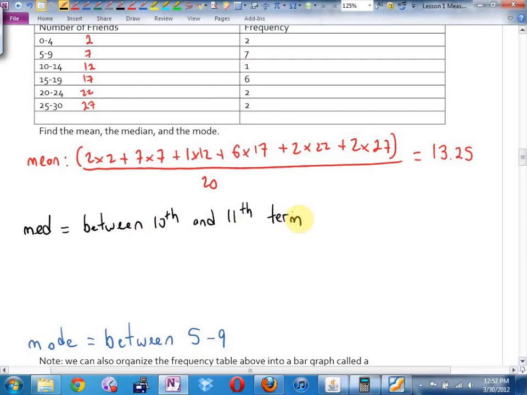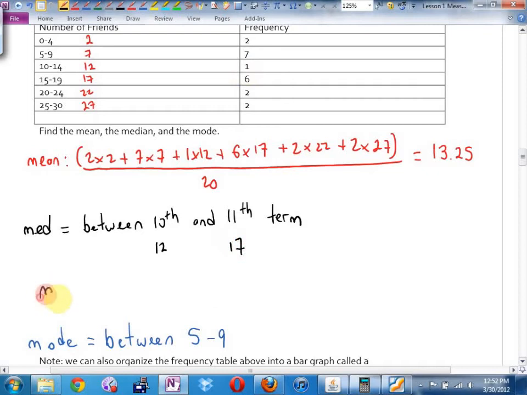Looking at this frequency chart, can you figure out what's sitting at the 10th term? Well, here's 2 things. And then there's 7 more things. That's 9 things. I think the 10th term is 12. And the 11th term is going to be in this row right here, which is 17.